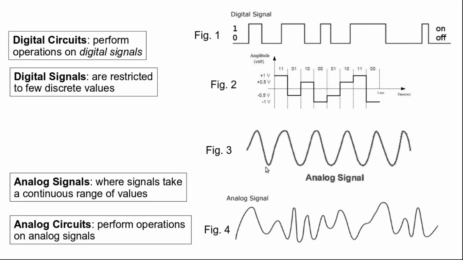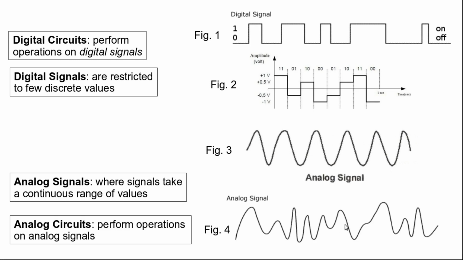These signals can take any values between, if we are restricting between a max and a min value, it can take any possible value between that max and min. The infinite possibilities between that max and the min value. Similarly, here is another analog signal.